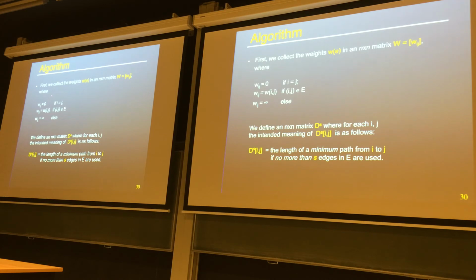Can you express that in terms of, well, what you already know? Yeah. It's the weight of the edge from i to j. Yeah. So if you take D^1 as a matrix, could you express it in terms of the?